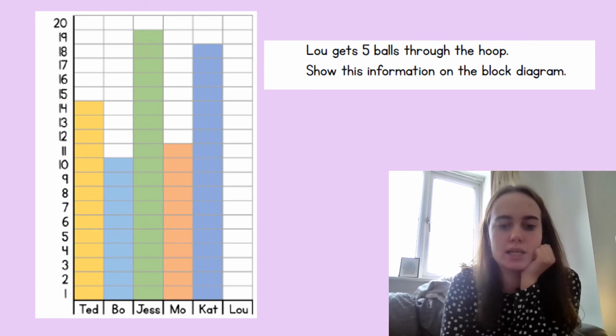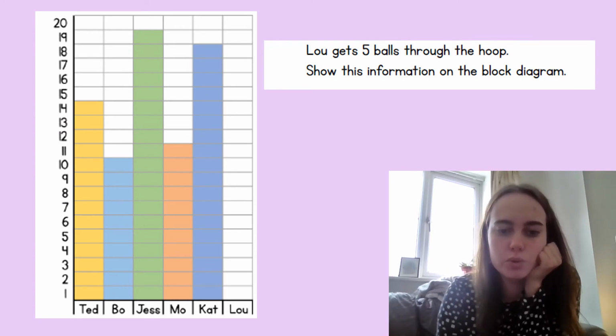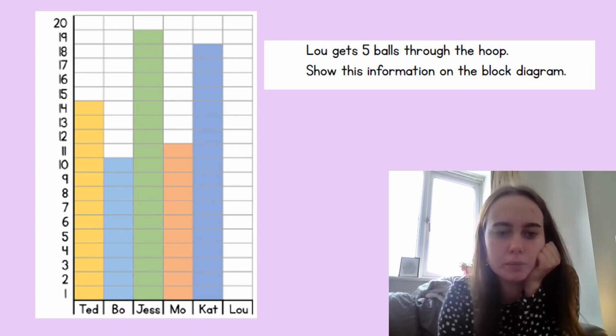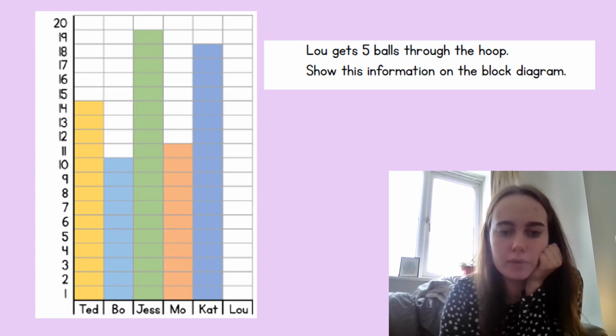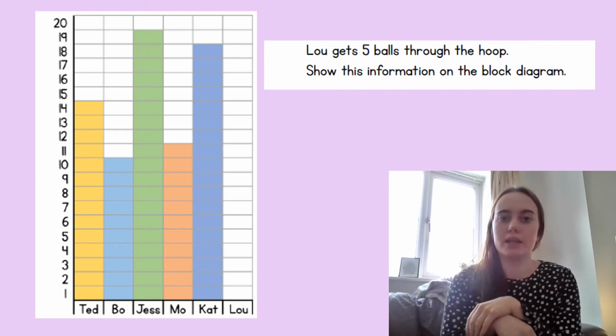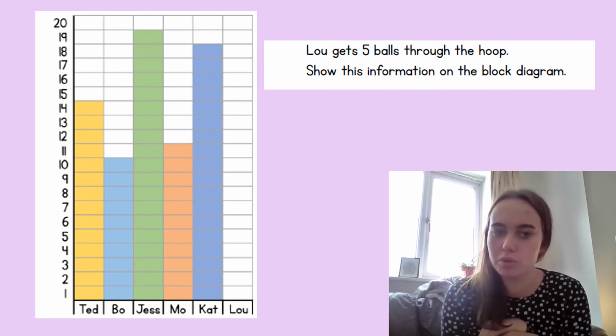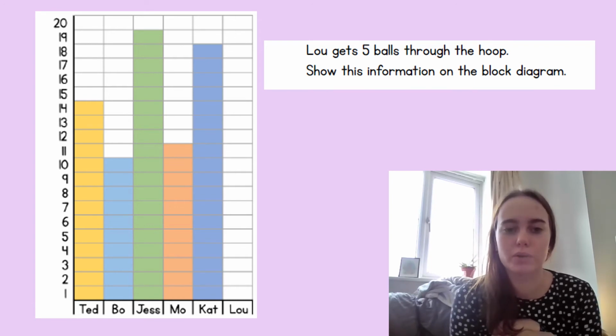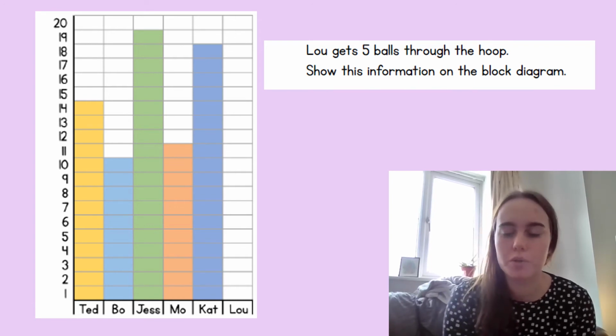And lastly, it says Lou gets 5 balls through the hoop. Show this information on the block diagram. So I'm going to choose a different colour because we can't have 2 children with the same colours, because that then confuses which balls through the hoop belong to who. So for Lou, I'm going to go with purple.